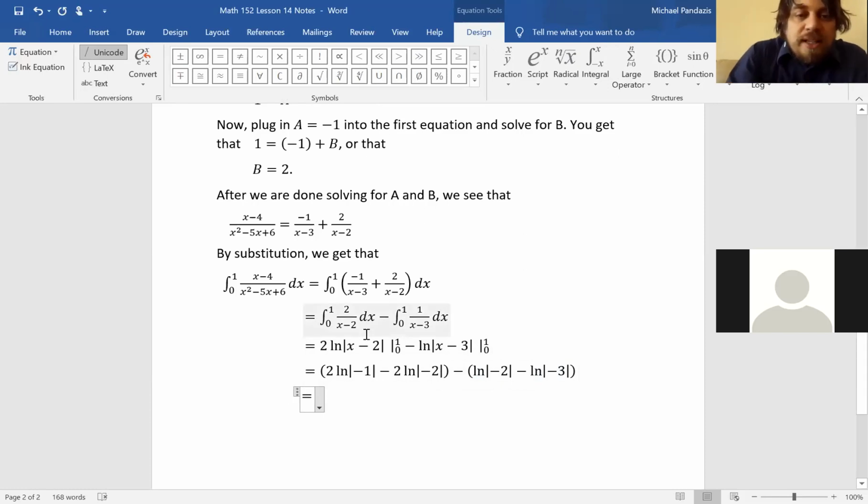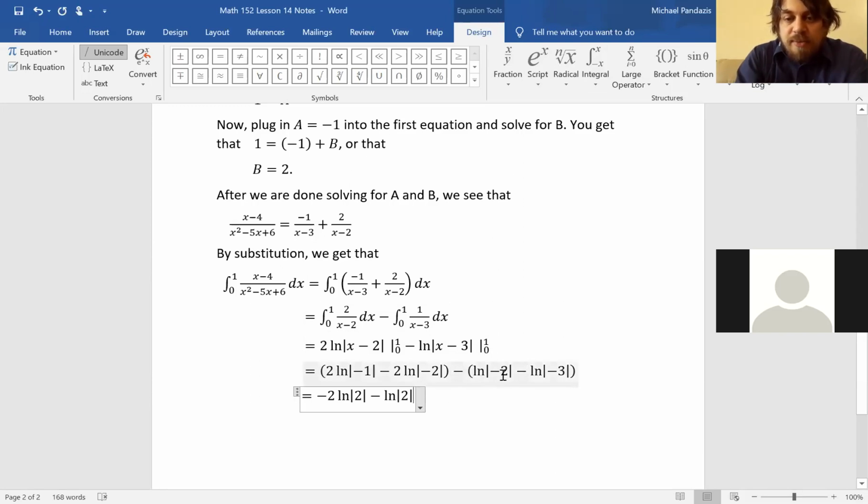Okay, so then absolute value of negative 1 is 1. ln of 1 is 0. And so this is 0. This is minus 2 ln of the absolute value of 2. And then this is now minus ln of the absolute value of 2, because ln of absolute value of minus 2 is the same as the absolute value of 2 here.